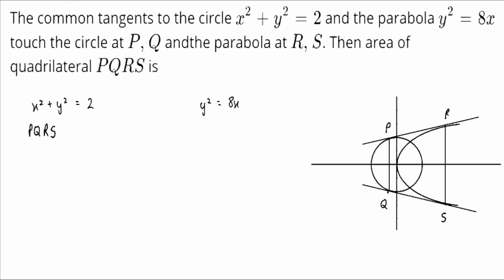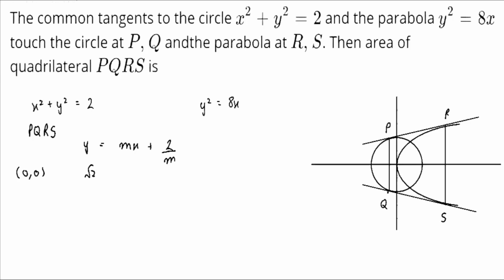So to do that, first we'll assume a tangent to the parabola. So its equation will be y equals mx plus 2 by m. Now since it is also a tangent to the circle, its distance from the center of the circle, that is 0, 0, must be equal to its radius, that is root 2.